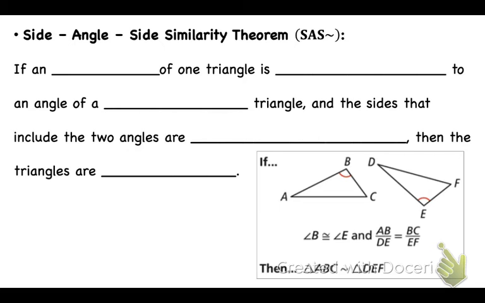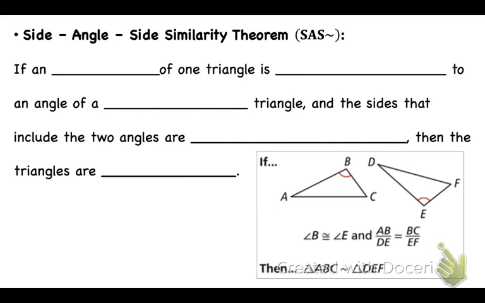Vertex. Well, it is the vertex, but it's the what angle? Included, remember talking about the included angle? The angle that the two sides make? Yes. Okay, so I have side angle side similarity, so SAS tilde.